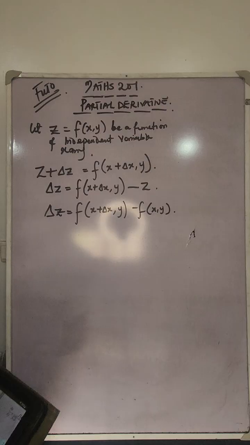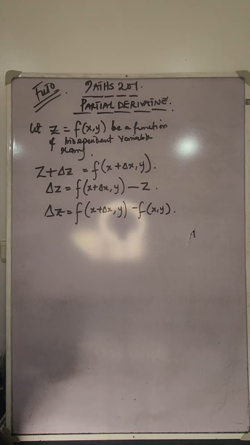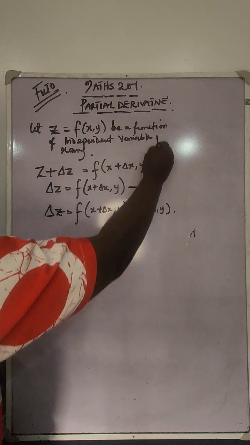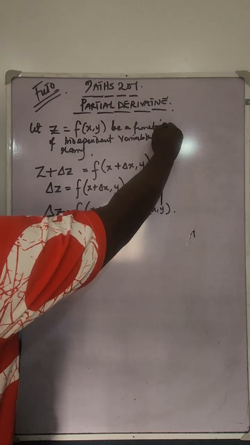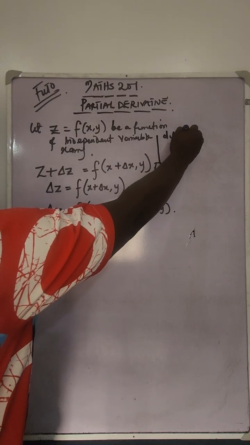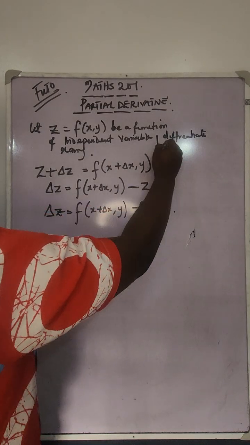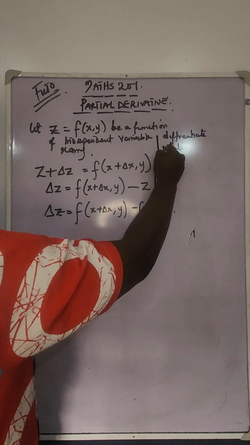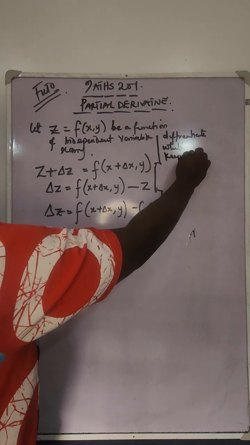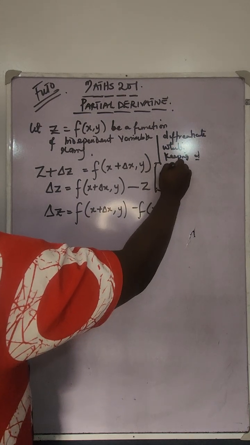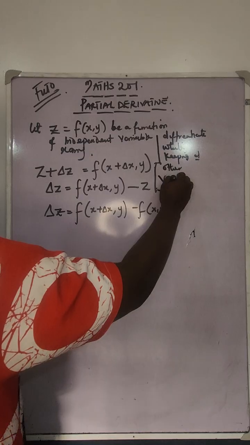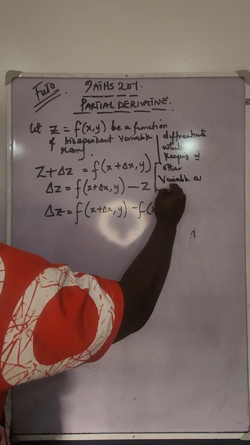All right, so a partial derivative is simply differentiation while keeping the other variable as constant. You simply differentiate while keeping the other variable as constant.